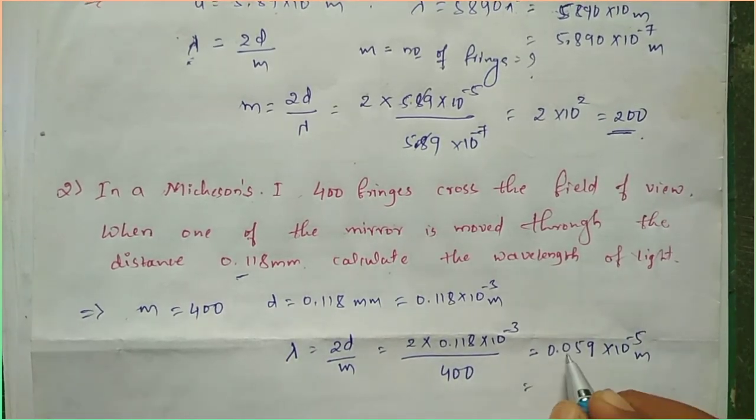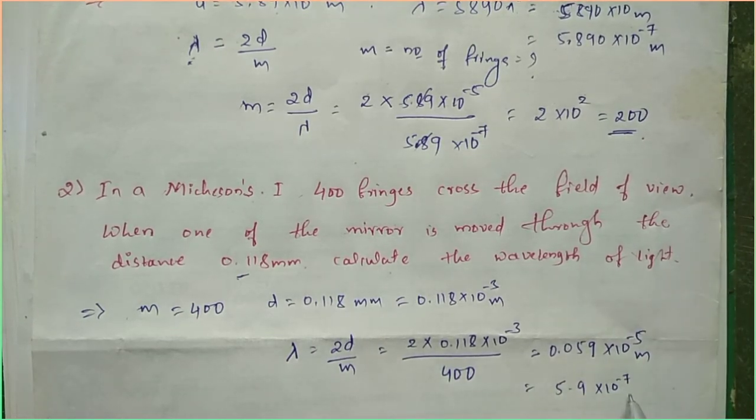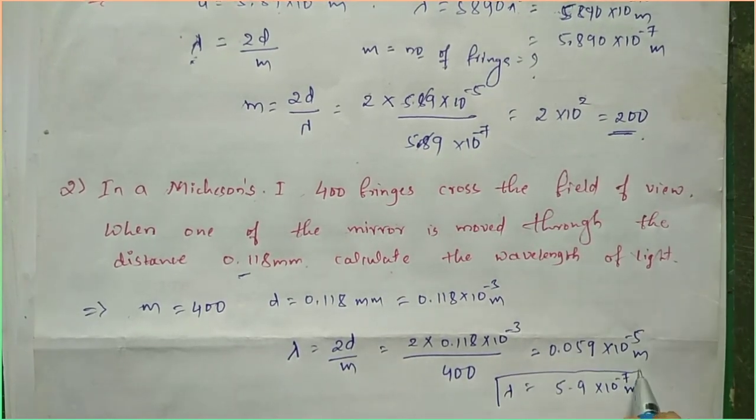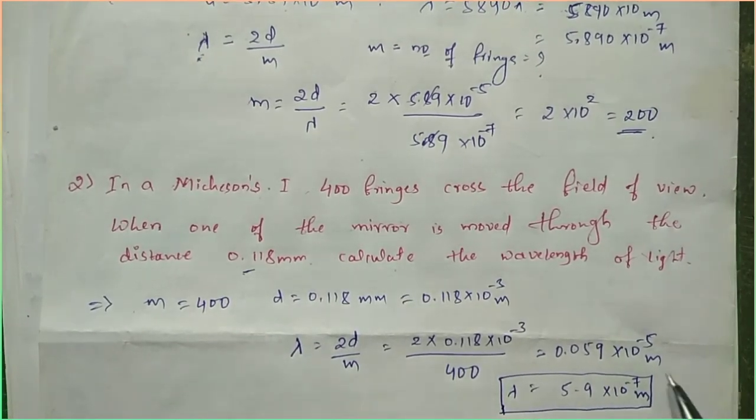Moving the decimal two places, we get 5.9 into 10 to the power minus 7 meter. We got the wavelength of the monochromatic light. These are the problems on the Michelson's interferometer.